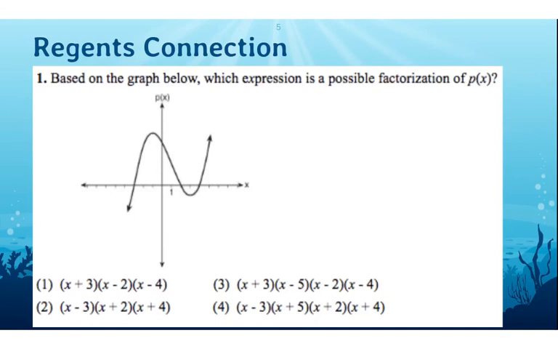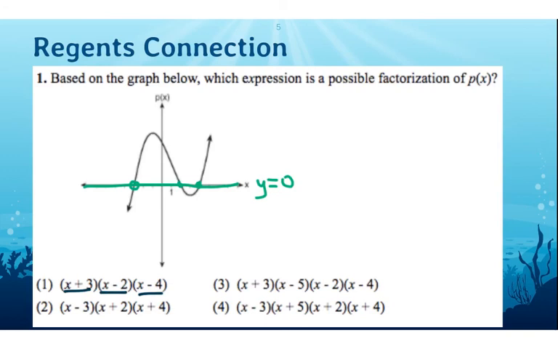All right. So regions-based question here, because they are all in parentheses, those are different factors. The first thing I need to do here is look at my graph. It intercepts where y equals 0, which again is exactly the x-axis. And I see it intersects that x-axis at 3 points.